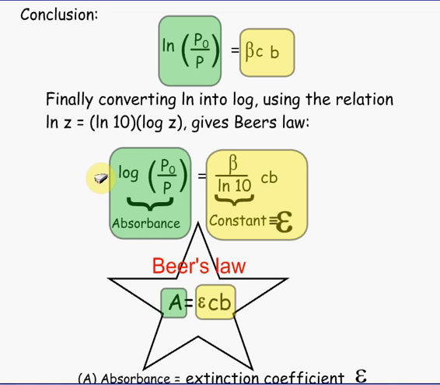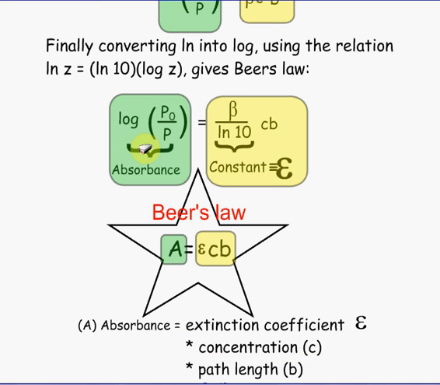I divided both sides by the natural log of 10. We have the log of p naught over p equal to the constant of proportionality divided by the natural log of 10, times the concentration times the path length.